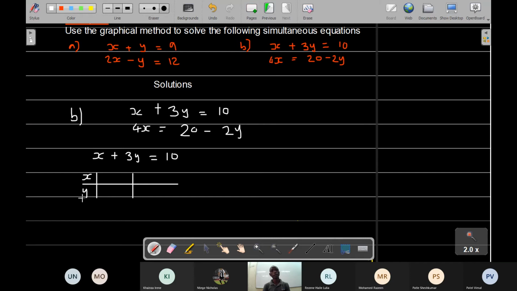Now, it's not a matter that you have to use 0. You are free to use any value. Like you can say, what's the value of y when x is 0?